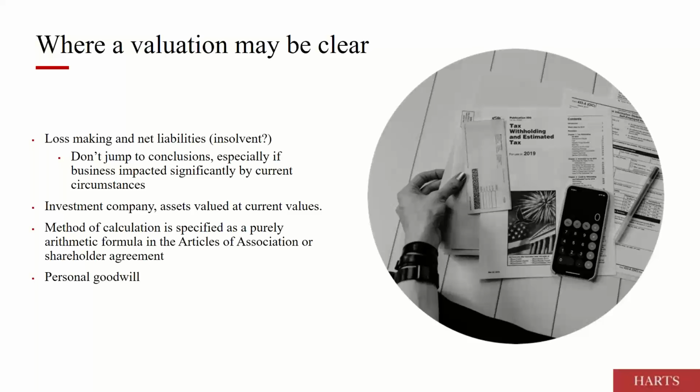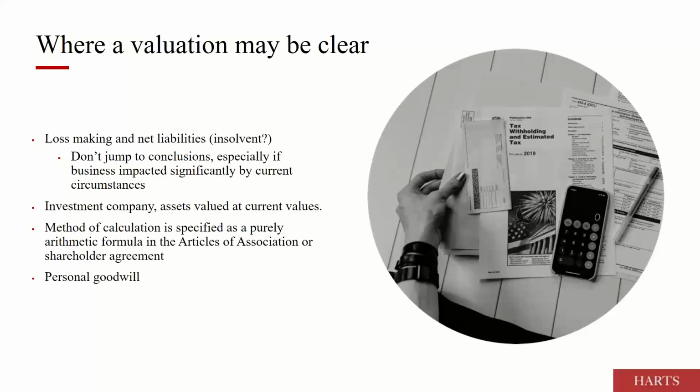Another case where the valuation might be clear is where the method of calculation for a particular purpose is specified as an arithmetic formula in the Articles of Association or in the shareholder agreement. It's very common for shareholder agreements to contain, should we say, good leaver and bad leaver provisions.